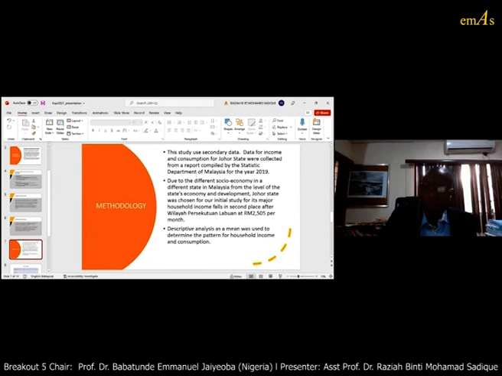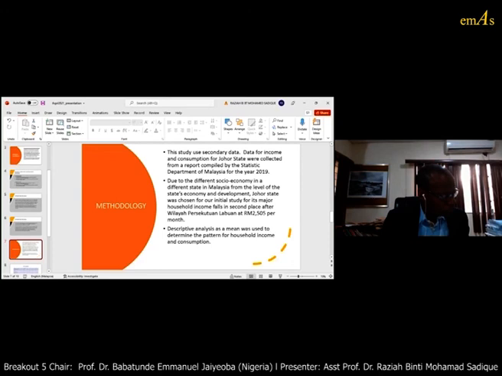The study uses secondary data. We are using data obtained from the Statistical Department of Malaysia for Johor State, collected in 2019 before the pandemic started. So it is very good if we are going to proceed to see the impact after the pandemic.